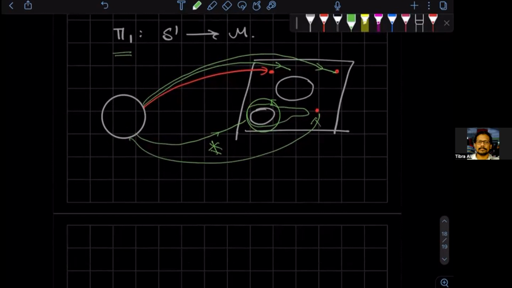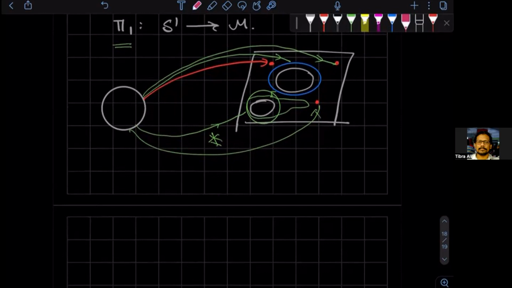Again, there is another map which maps the circle to a circle around this hole. Now, this blue circle cannot be continuously deformed into a map that goes from the circle to the green circle. So they are inequivalent. They belong to inequivalent classes.